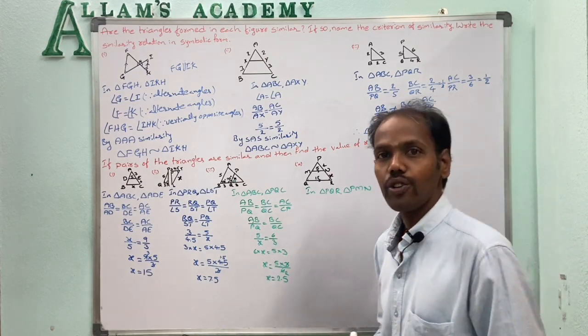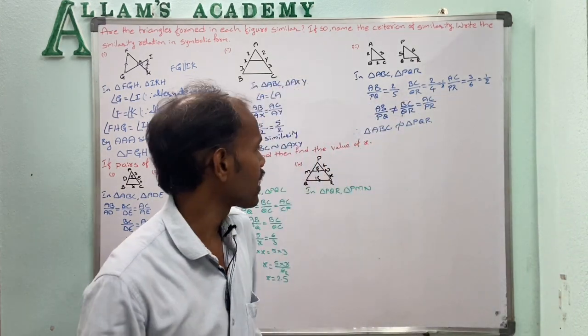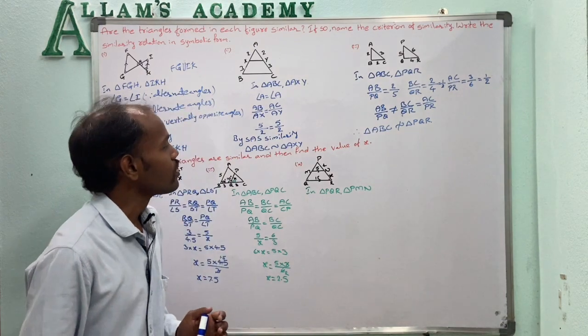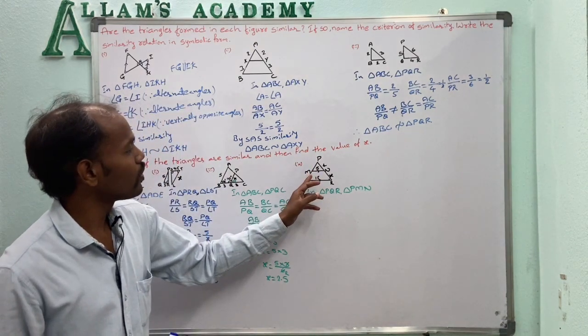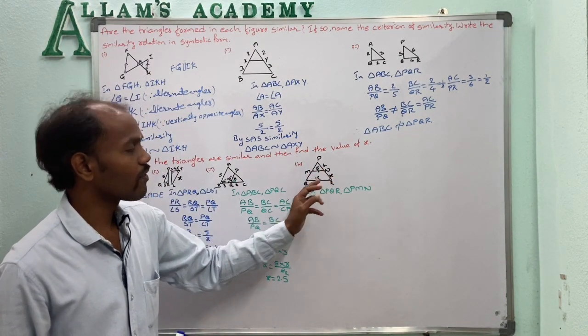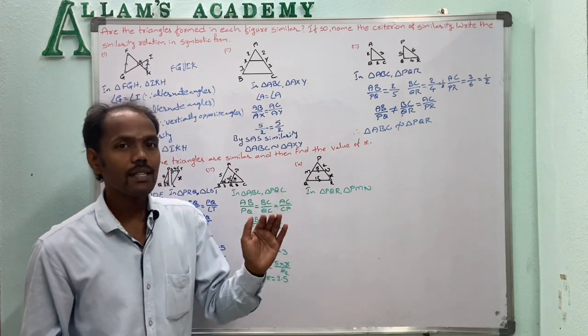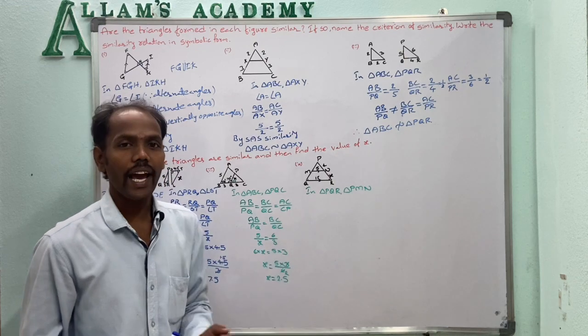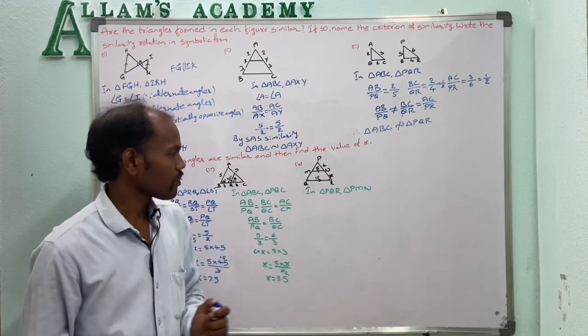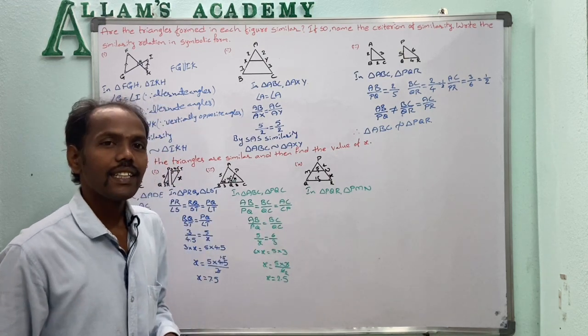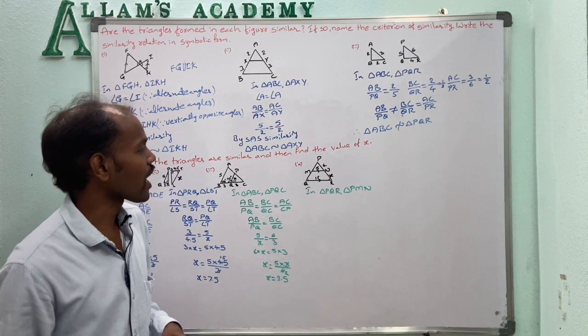We already know that corresponding angles are equal. So angle M equal to angle Q, angle N equal to angle R. So by AAA similarity, these two triangles are similar. Now we write the corresponding sides ratio.